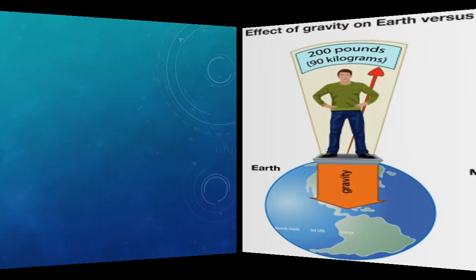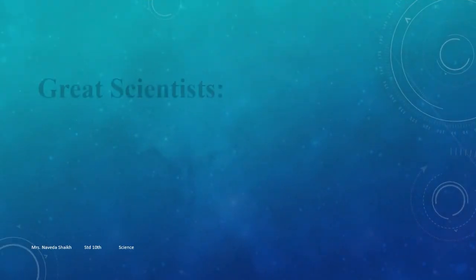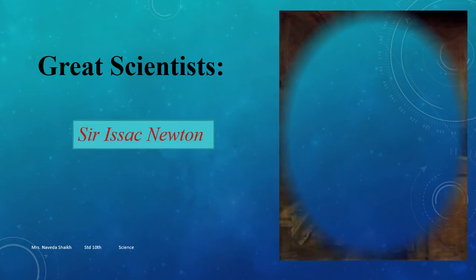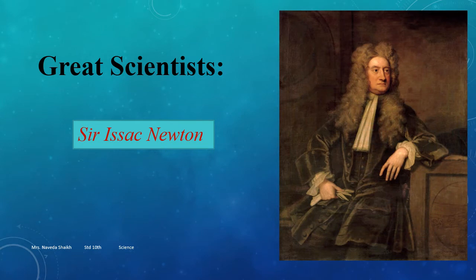Let's learn something more about our great scientist that I was talking about, Sir Isaac Newton. Sir Isaac Newton has contributed a lot in the field of mathematics and physics. When we learn about sound, light, calculus, this is all a contribution from Sir Isaac Newton.